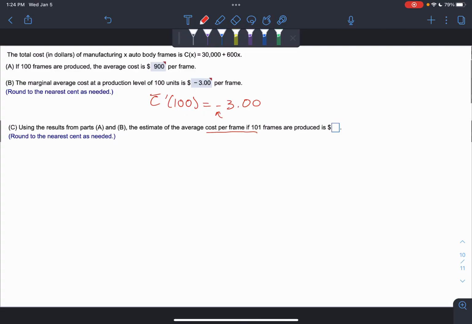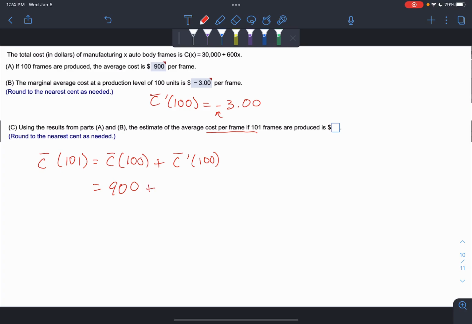Right? So that tells us that our average cost of 101, this is the same as doing the average cost of 100 and adding on the marginal average cost that we found. So that's why it's kind of giving you a hint, use part A and B. So this average cost of 100, that's what we found in A. And then C bar prime, that's what we found in B, right?